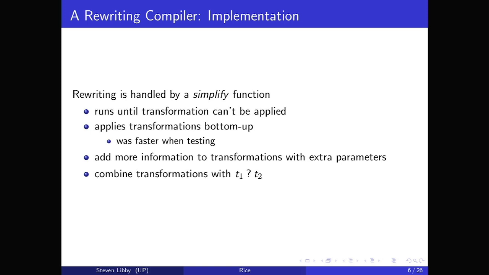The downside is transformations have to be terminating. If you have a non-terminating transformation, this system will do nothing to check for that, and it will just run. If you have non-confluent transformations, which is very common in a compiler, this system is not confluent. Normally that's OK, normally we don't care about that, but it is something to be aware of.